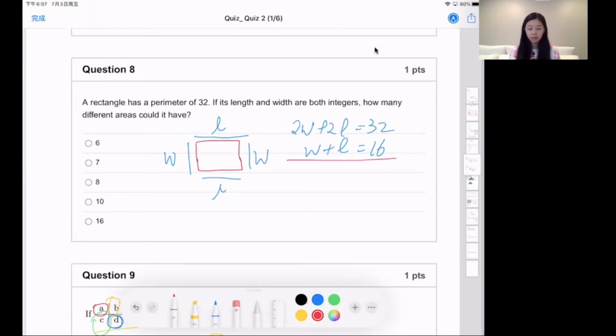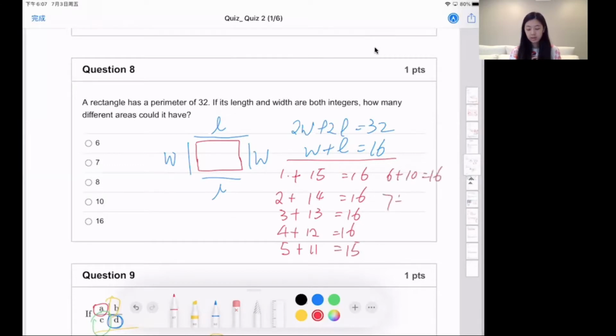So there are 1 plus 15, then 2 plus 14, 3 plus 13, 4 plus 12, 5 plus 11, 6 plus 10, 7 plus 9, and then 8 plus 8 equals 16.